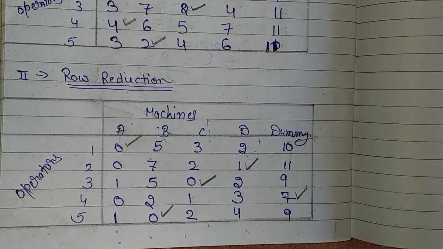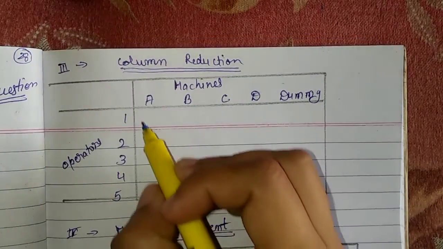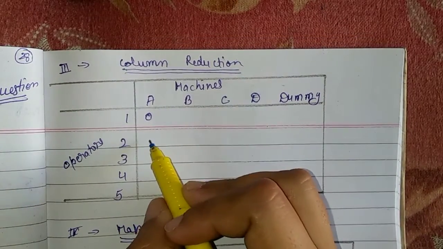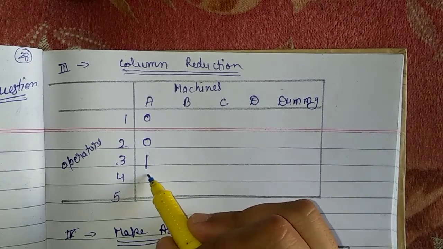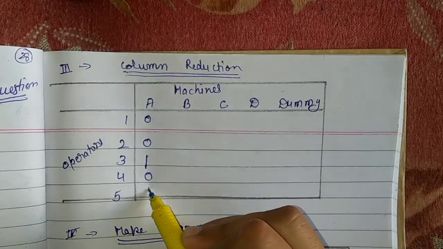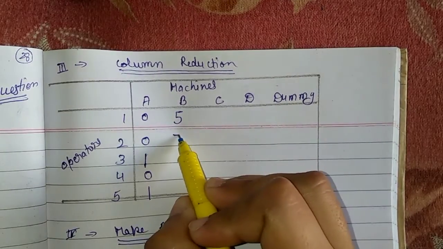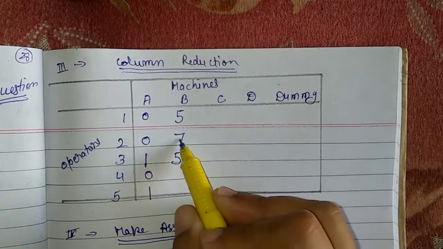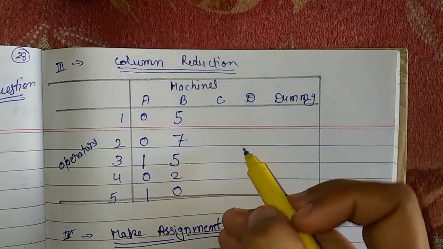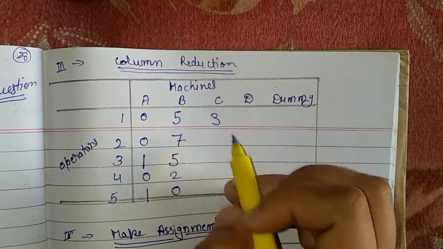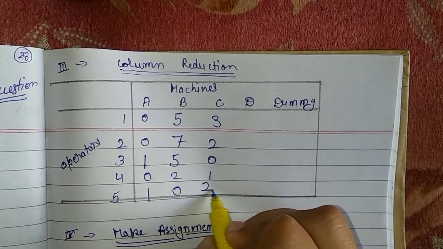Now we can write column reduction. 1 minus 0, 0 minus 0, 1 minus 0. 5 minus 0, 7 minus 0, 5 minus 0, 2 minus 0, 0 minus 0. 3 minus 0, 2 minus 0, 0 minus 0, 1 minus 0, 2 minus 0.